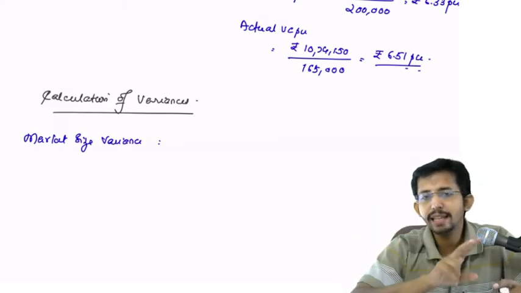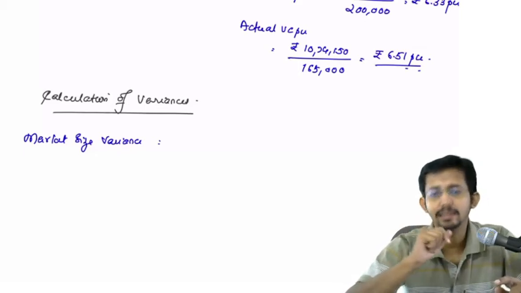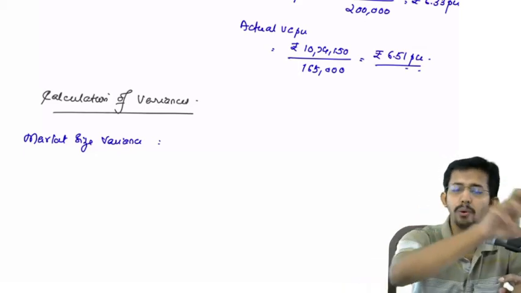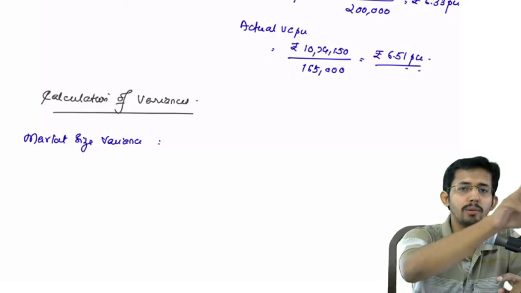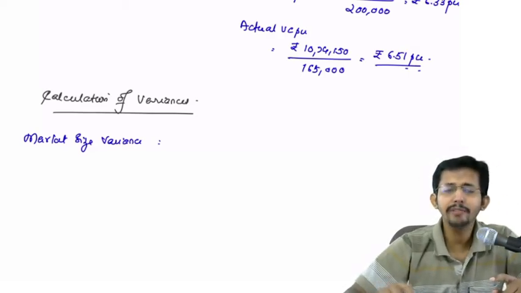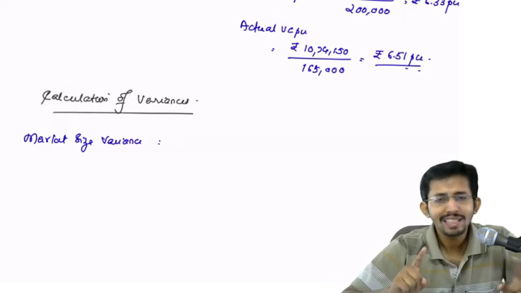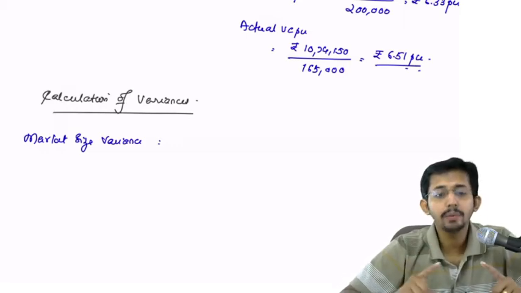So this variance is a planning variance. It's a planning error. You estimated that 4 lakhs would be the market size, but in fact it was only 3,75,000.